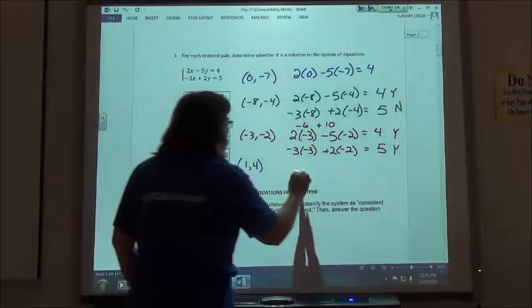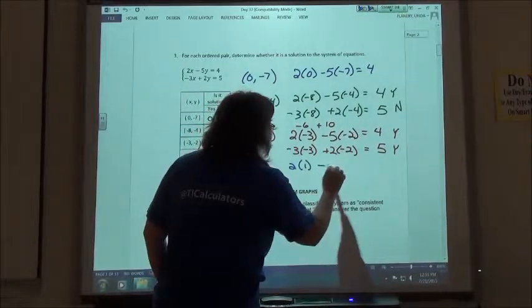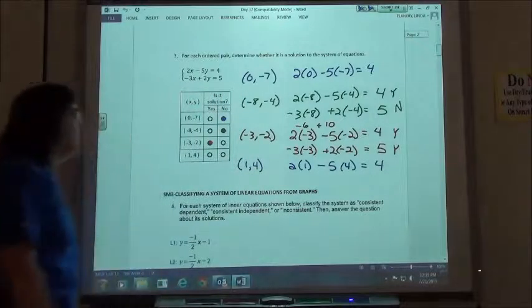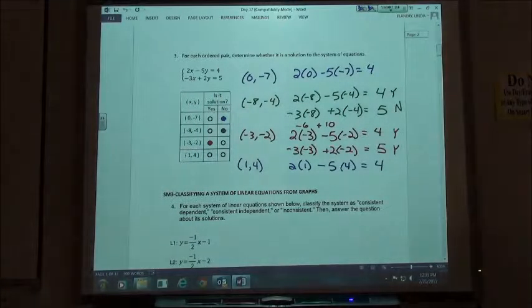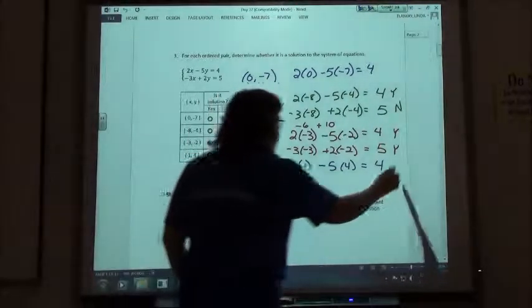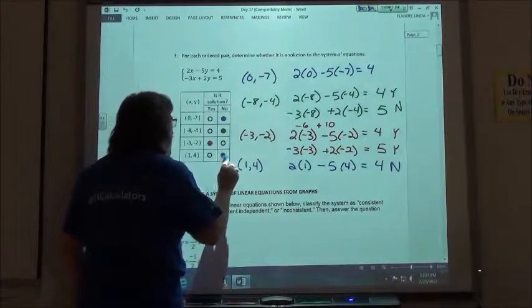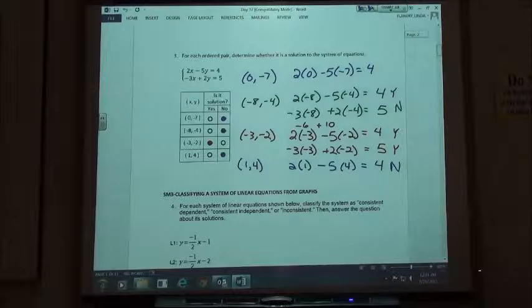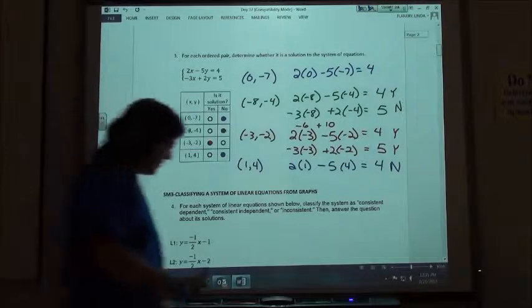So 2 times the x value of 1 minus 5 times the y value of 4. Do we get an answer of 4? No, we don't. So if that's a no, we can just mark no, and we're done. So just plugging the numbers in, checking to see does it work or not. If they're both yeses, we can mark yes.